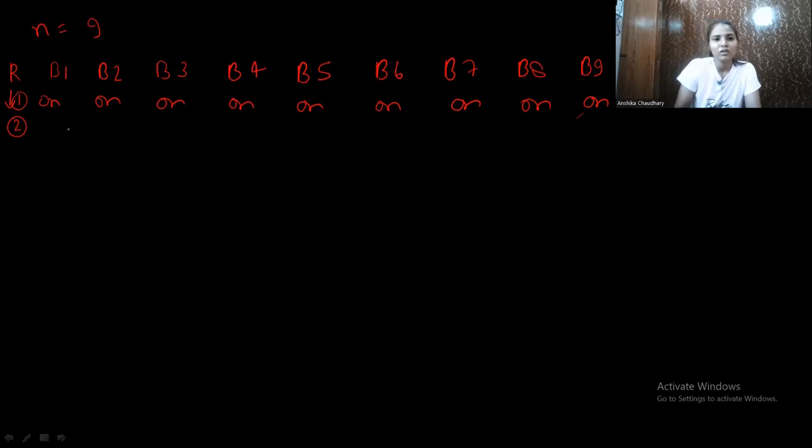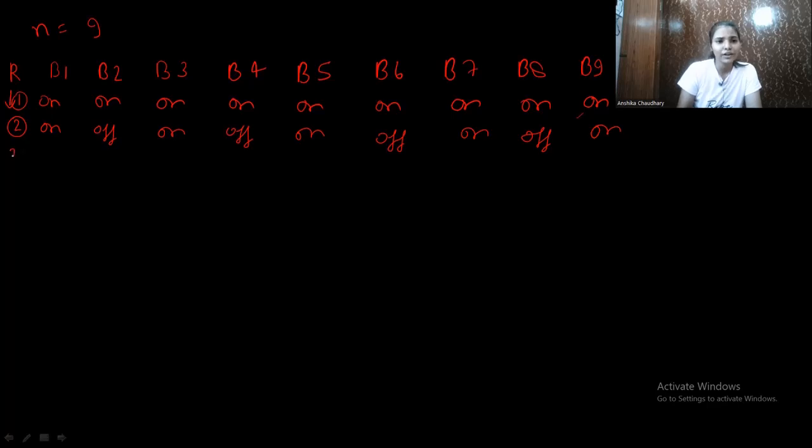So the second bulb will be off, fourth bulb will be off, sixth bulb will be off, and eighth bulb will be off, and further the 10th bulb. But here we have only 9 bulbs, so we will not go further. The remaining bulbs will be on.